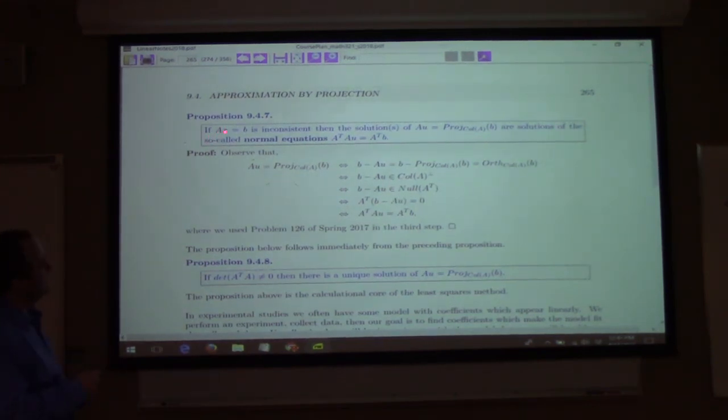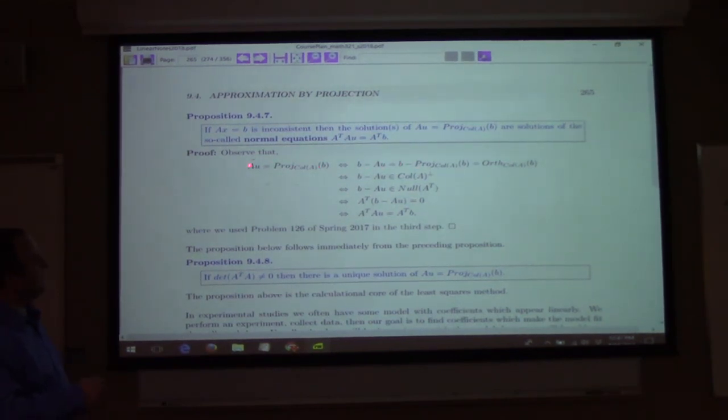Okay, so here it is. This is inconsistent. The solutions of the projection system are also solutions of the so-called normal equations. So here's why that is. If I have Au equal to the projection, that's to say that b minus Au is actually b minus... well, good grief, I can't do math.